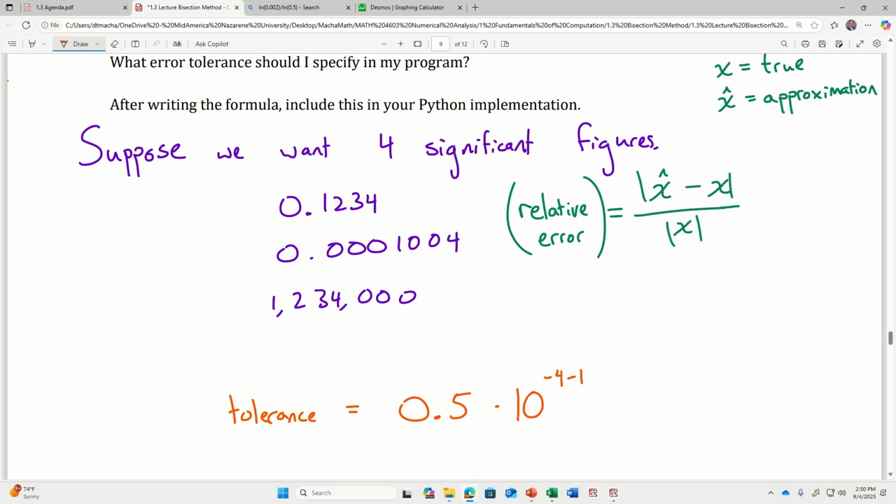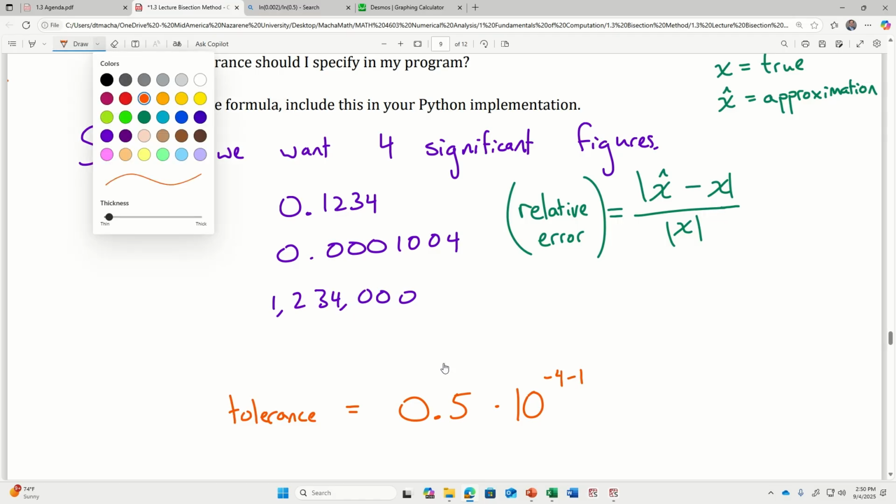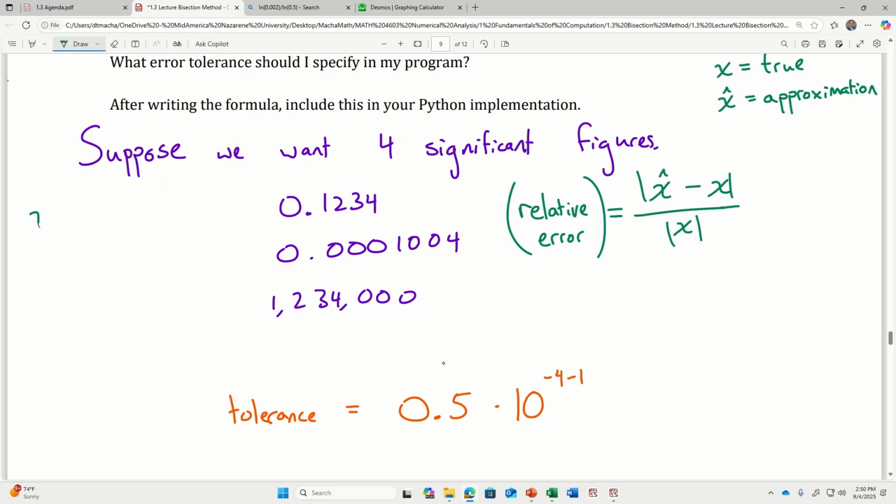I guess the reason why I'm thinking about this specifically is because if I had a true value of number 1, then whenever I think about my relative error, according to this formula, it's my approximation minus 1 divided by 1.